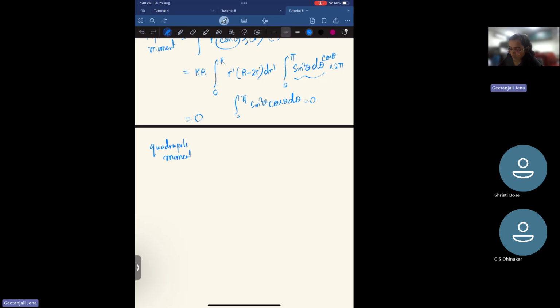For the quadrupole moment, we have the integral of r prime square times (3 by 2 cos square theta minus half) rho of r prime dv prime.